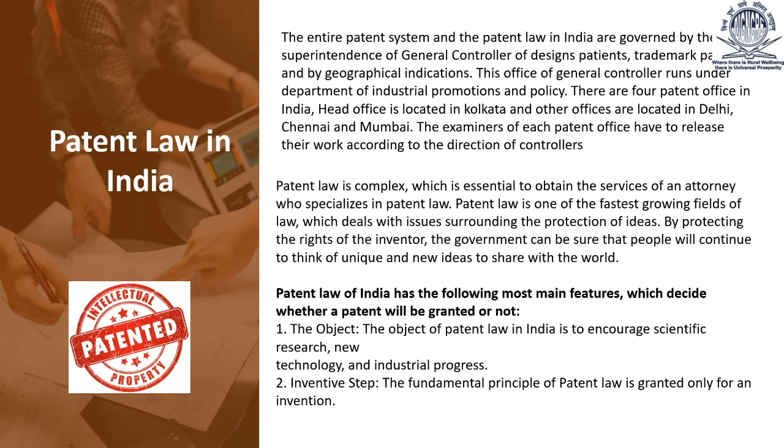There are 4 patent offices in India. The head office is located in Kolkata and other offices are located in Delhi, Chennai and Mumbai. The examiners of each patent office have to release their work according to the direction of controllers.